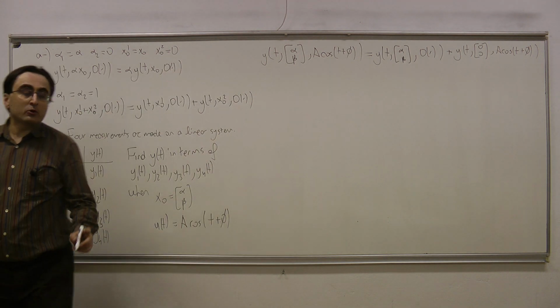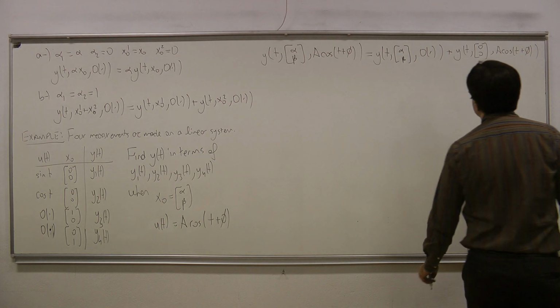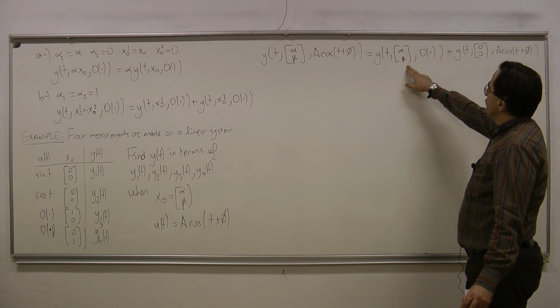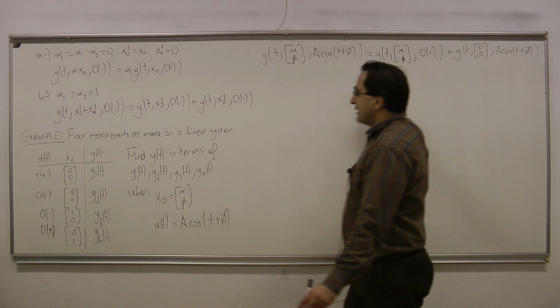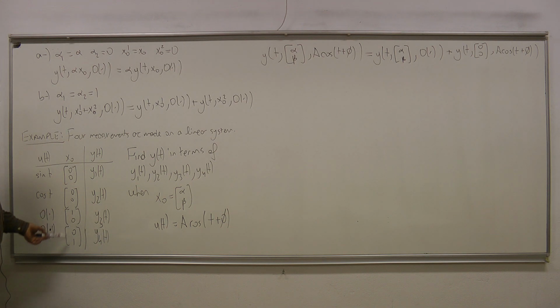Now I can work on these individual zero input and zero state outputs. The first thing I see is that this initial condition can be written as a linear combination of these two initial conditions.